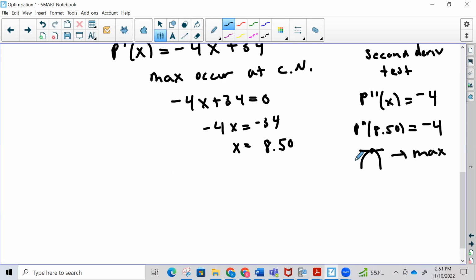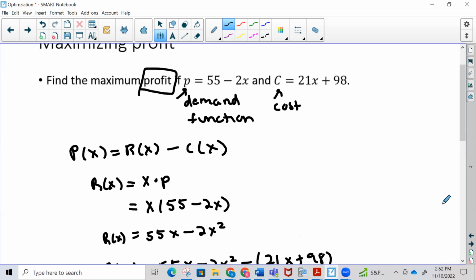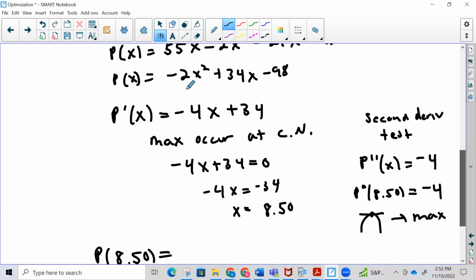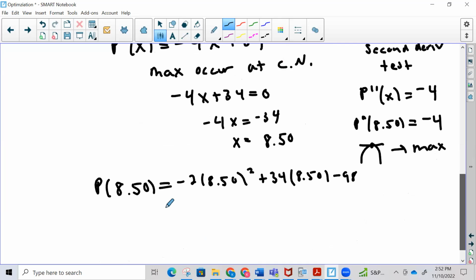So we're verified. Now that we know that this is where the max occurs, we're going to find the profit at 8.5 because the question said find the maximum profit, so I actually want the profit. I'm going to plug that into my profit function, this P of X here, and find that value.